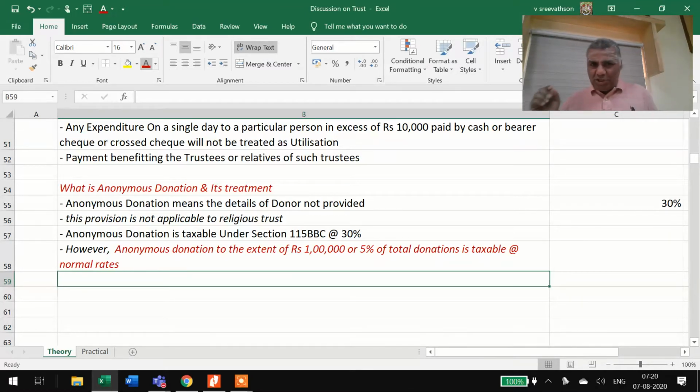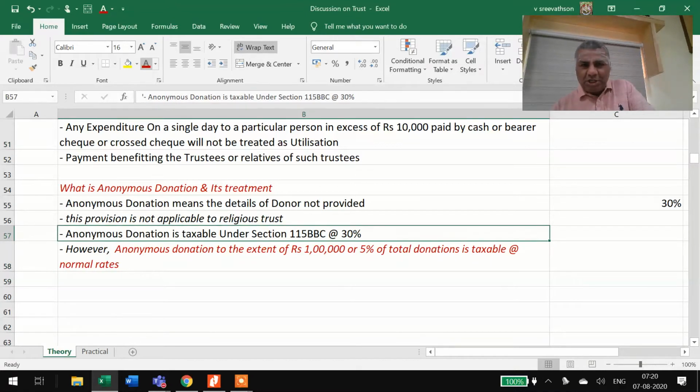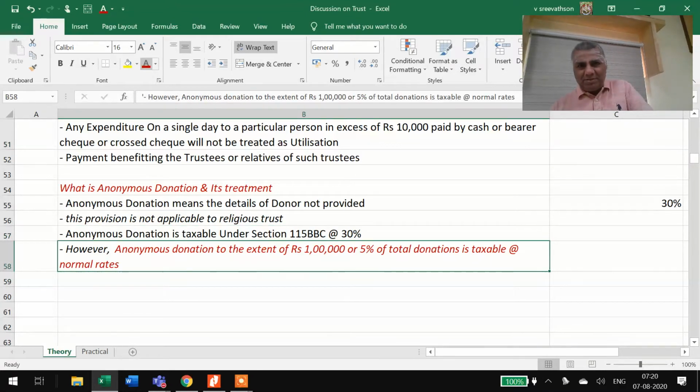Anonymous donation to the extent of 1 lakh or 5% of total donation is taxable at normal rate. So balance anonymous donation is taxable at 30%. You understand? Anonymous donation to the extent of rupees 1 lakh or 5%.